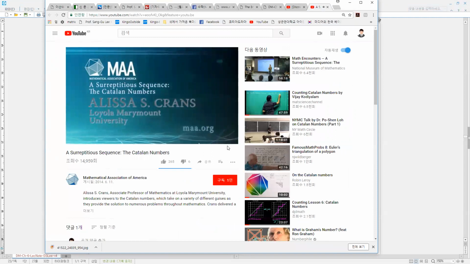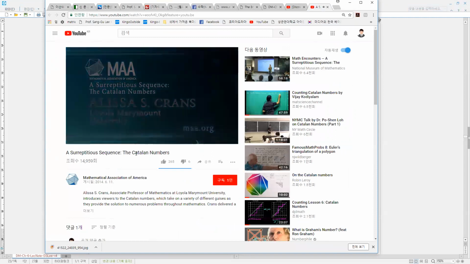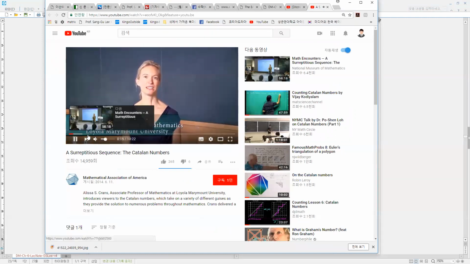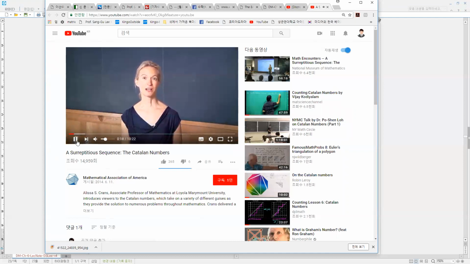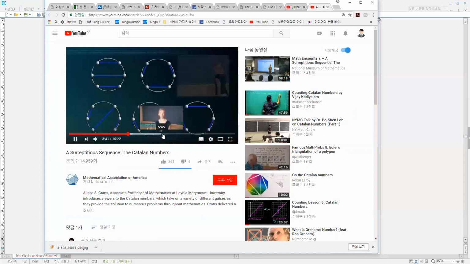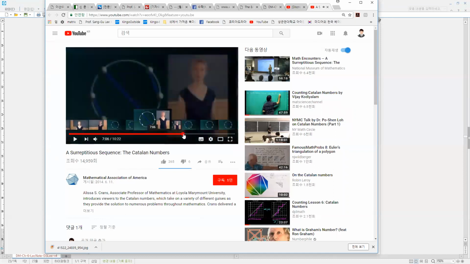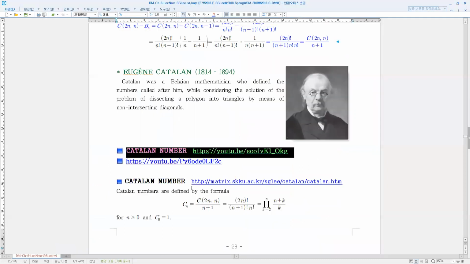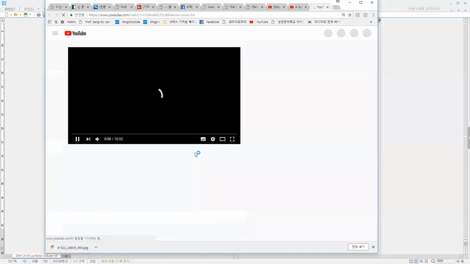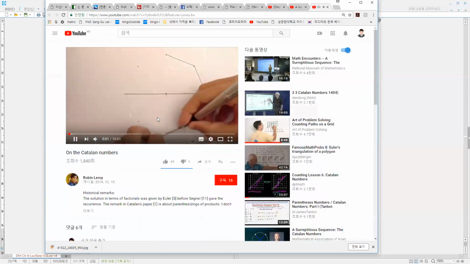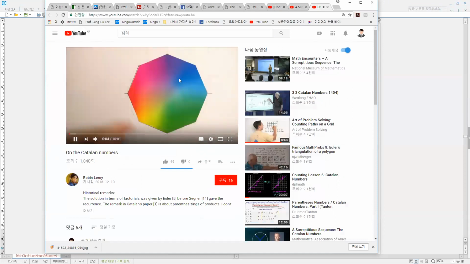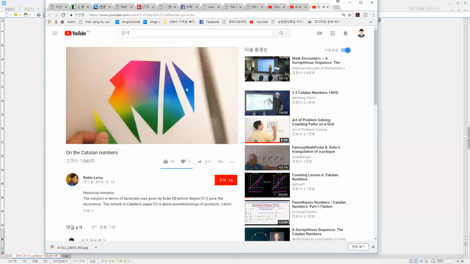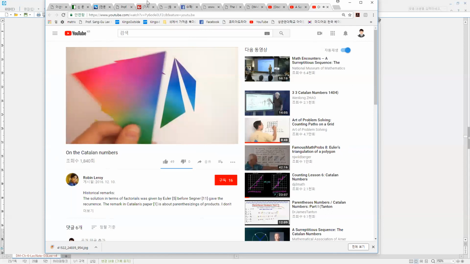This is an MAA talk on Catalan numbers. You can take a look at it, and this one also has a good explanation. This is the basic motivation for finding the Catalan number by Catalan.